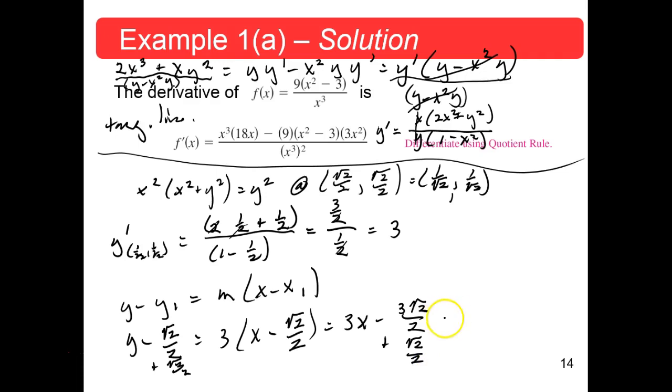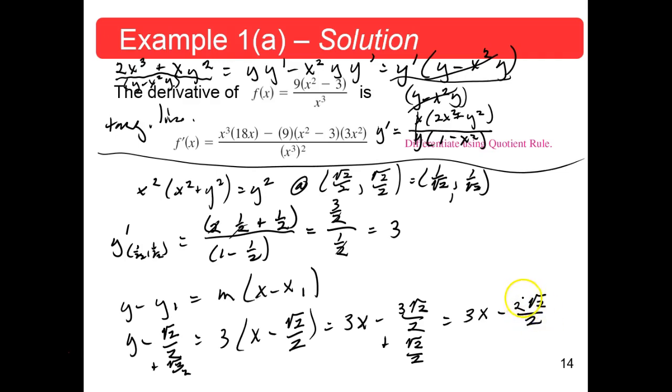Okay, and that would then produce 3x, and you got 3 root 2's over 2 plus 1 root 2 over 2. One's a minus, one's a plus. So it's negative 2 root 2 over 2.